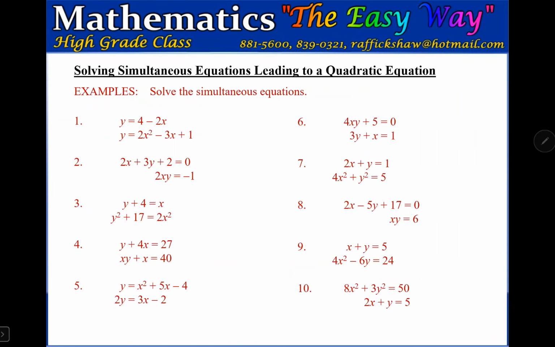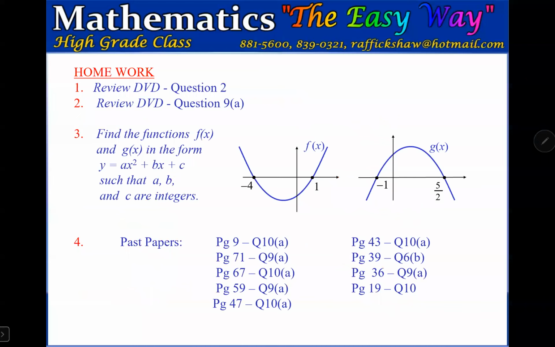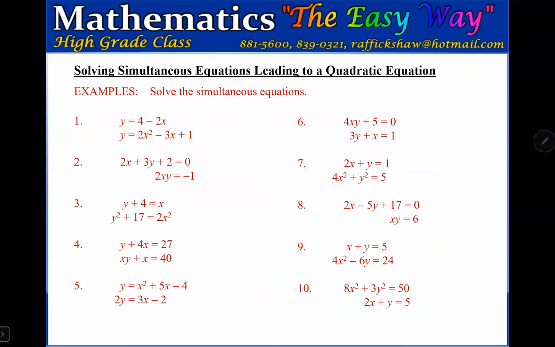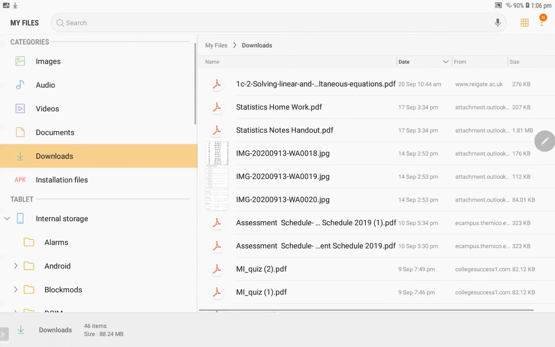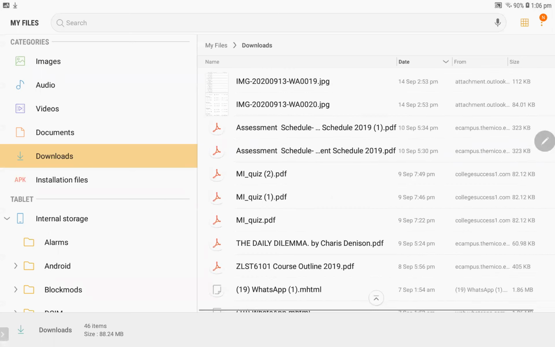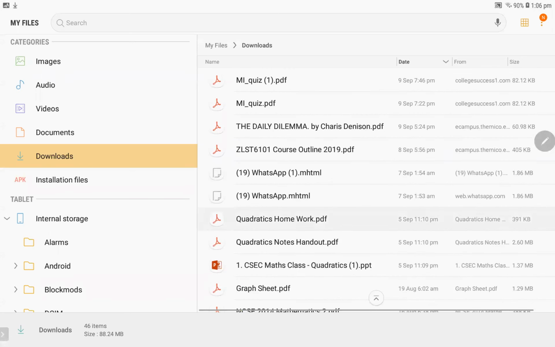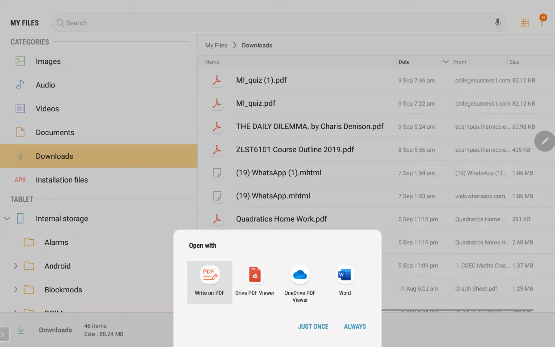For those of you who have the handout already, you're looking at homework number 3, the quadratics homework. Let me come out of this and go into here, and show you what I'm talking about.